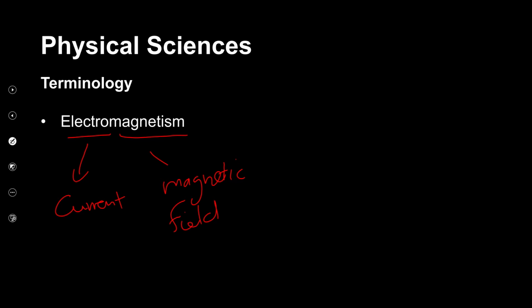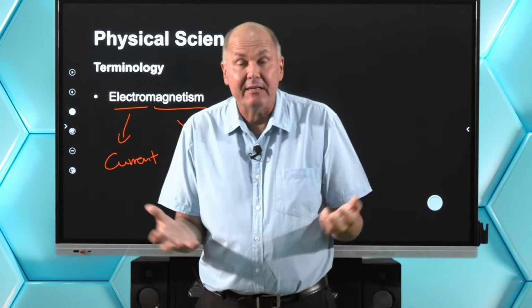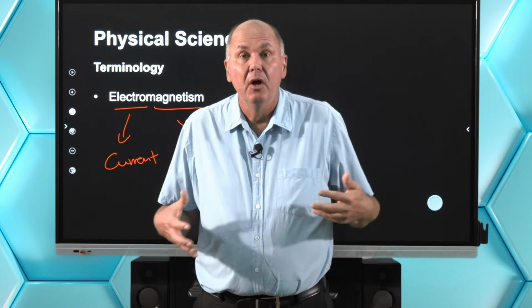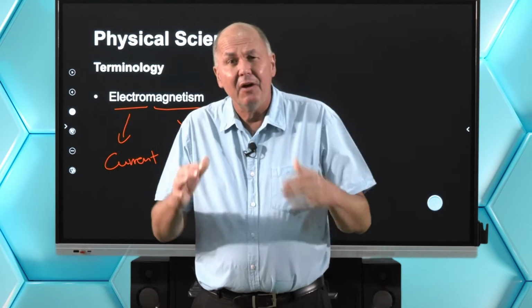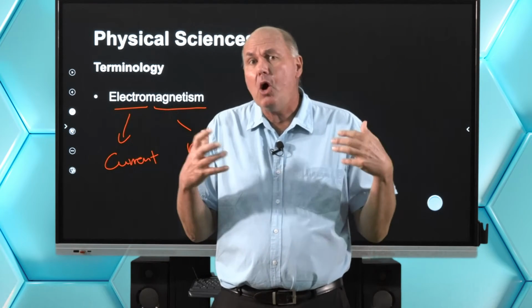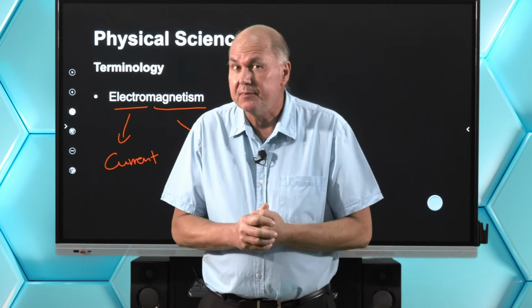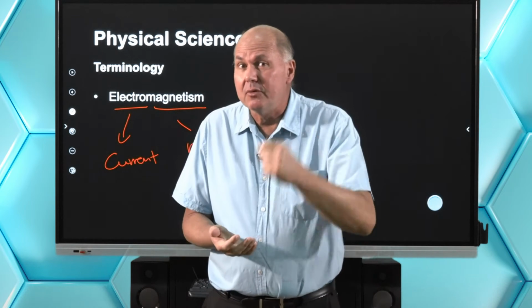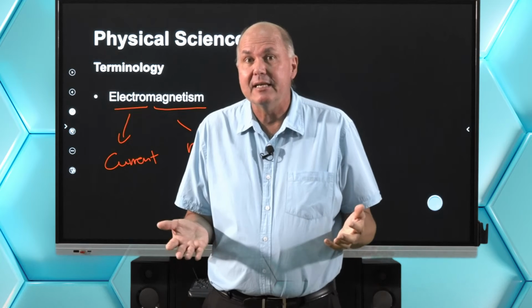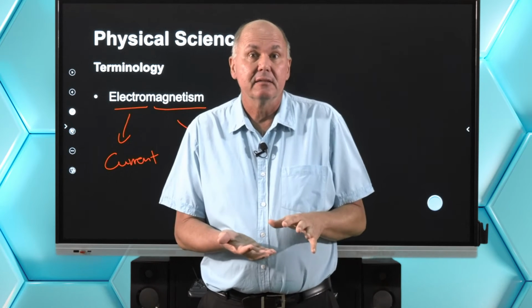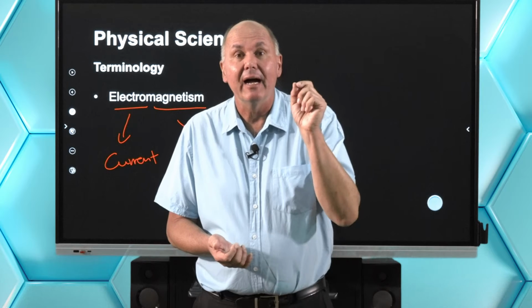And we're going to try and see if we can detect a magnetic field somewhere related to a current moving through a conductor. Now, think about it this way. How would you detect a magnetic field? Well, we've done it already. We've recognized that when you have a magnet, you can use iron filings, or you can use a compass.